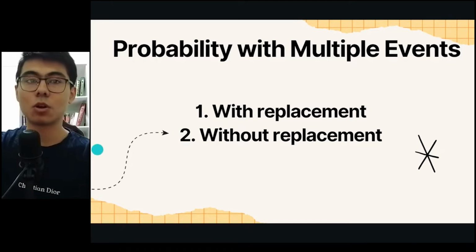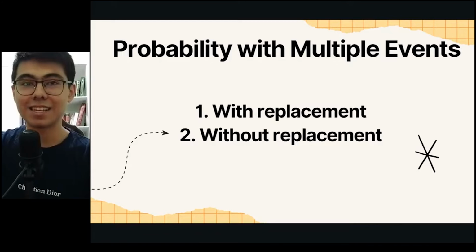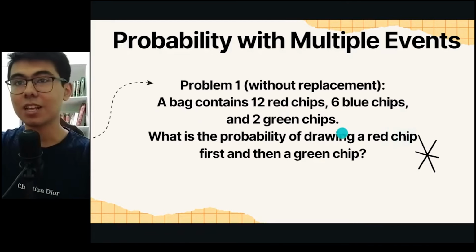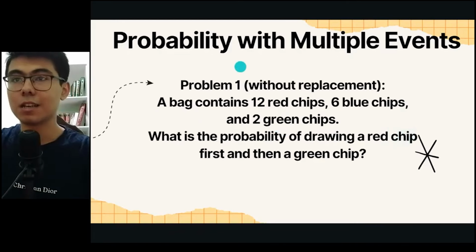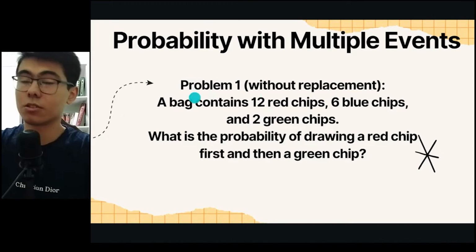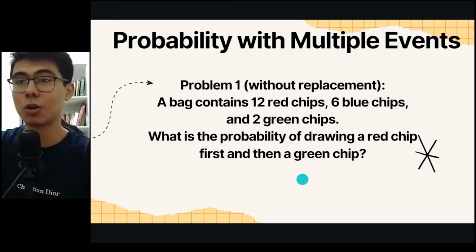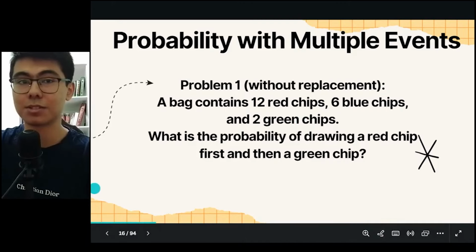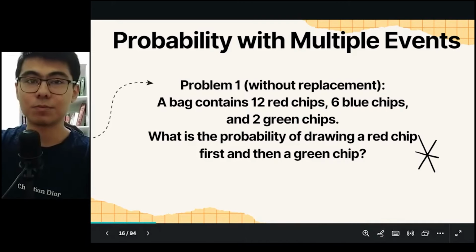And we will go over each and every single one of those in this masterclass. So the first one is without replacement, and we've got a problem here, the SAT question, and I will be showing you live how to solve it right now.